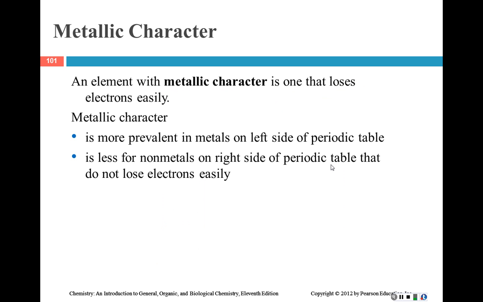Metallic character. Metallic character basically is how easily it loses electrons. So obviously you're going to see more of that in metals that are on the left side of the periodic table. It's less for nonmetals on the right because they do not give up their electrons very easily because they have so many.